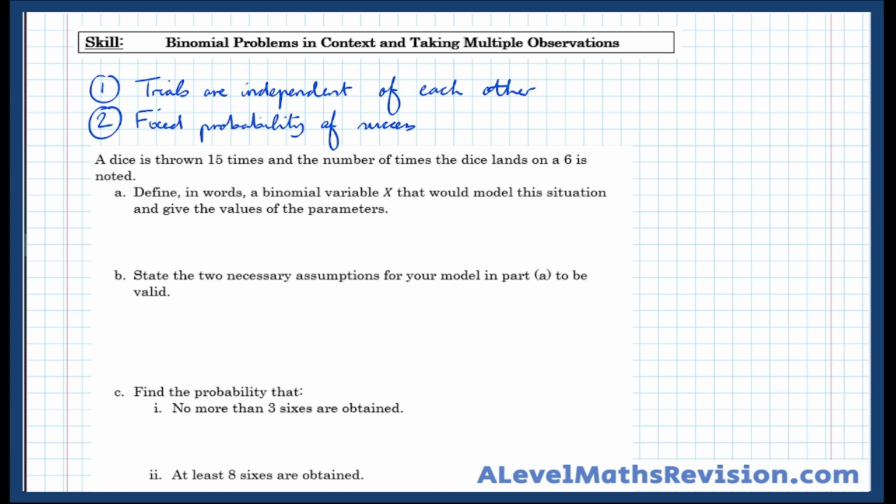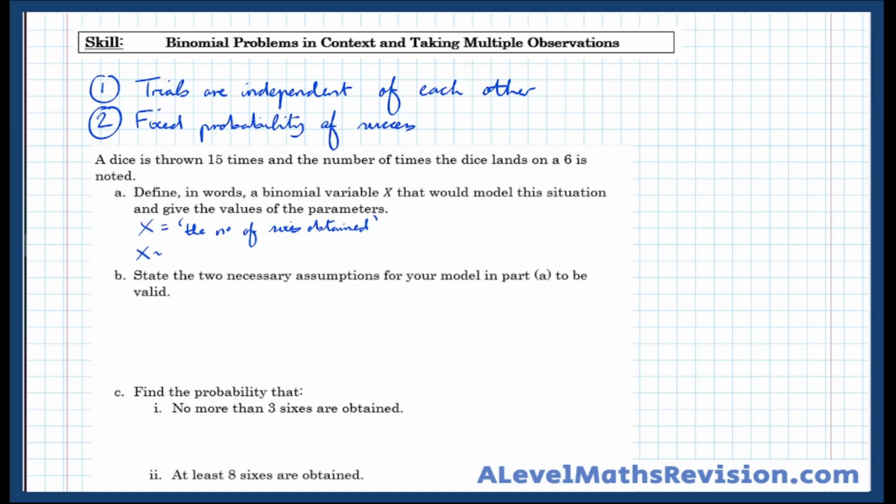Define in words a binomial variable of X. It's saying we're counting the number of times the dice lands on a 6. So in this case, X must be the number of 6s obtained. That's the thing we're measuring.